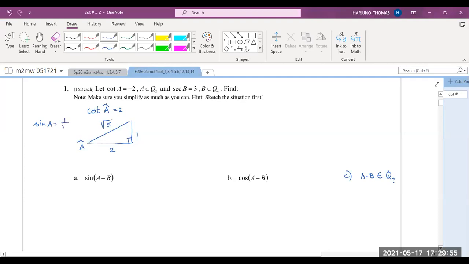That's 1 over radical 5. Cosine A is negative because again A is in quadrant 2, 2 over radical 5.